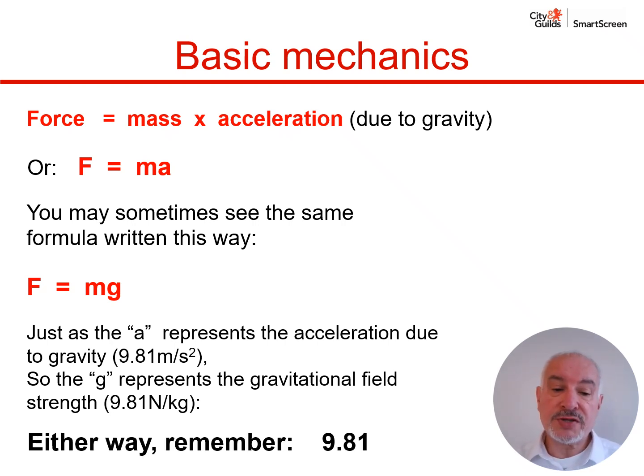So you see the number is the same. So either way, whether you see the formula as F equals ma or F equals mg, the value that we have to remember is the 9.81.